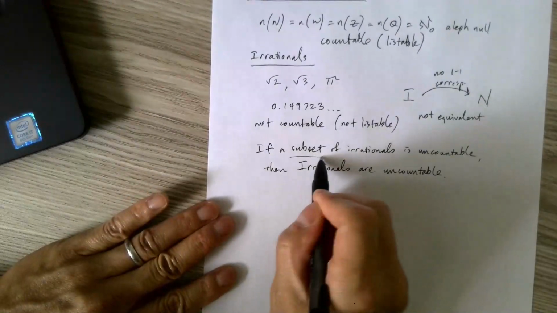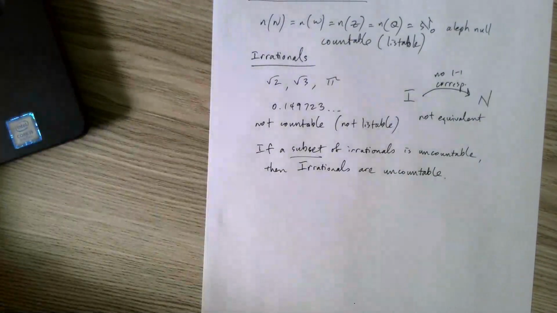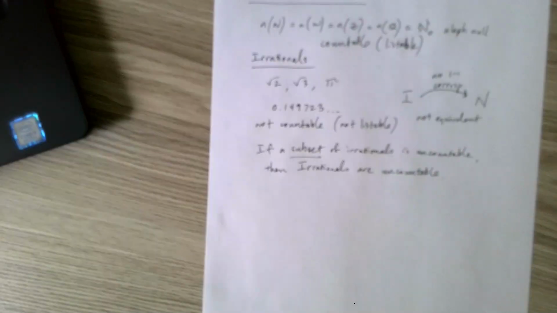So I'm just going to prove that this small subset of irrationals is uncountable, and that should be enough to prove that irrationals are uncountable.